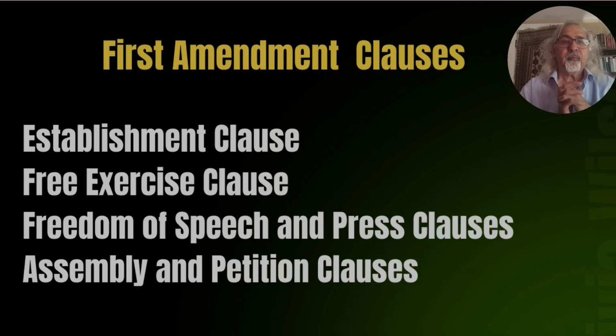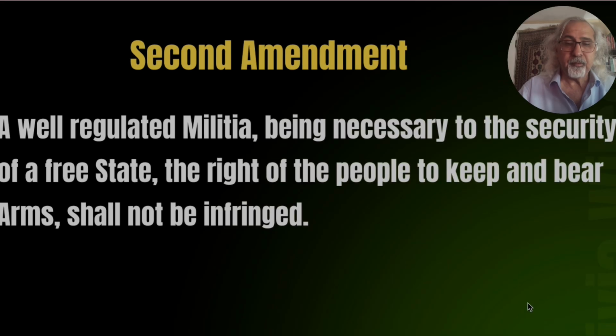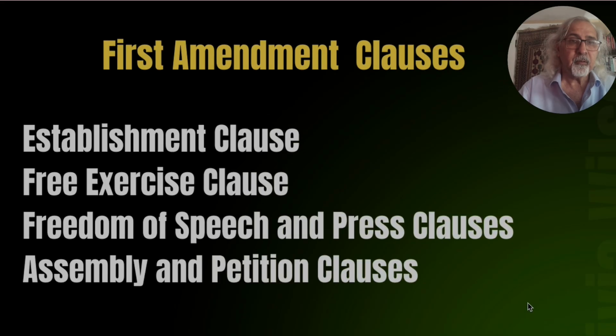So here are some of the clauses that we can glean from the First Amendment. The first one, which will figure prominently in AP Gov, is the Establishment Clause. And the second is the Free Exercise Clause. Now, both of these clauses appear immediately in the first sentence of the First Amendment, right?